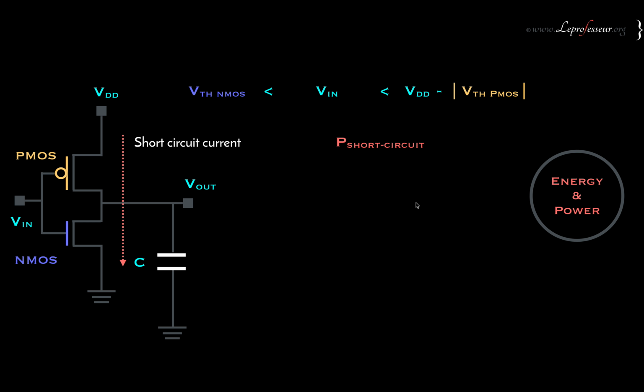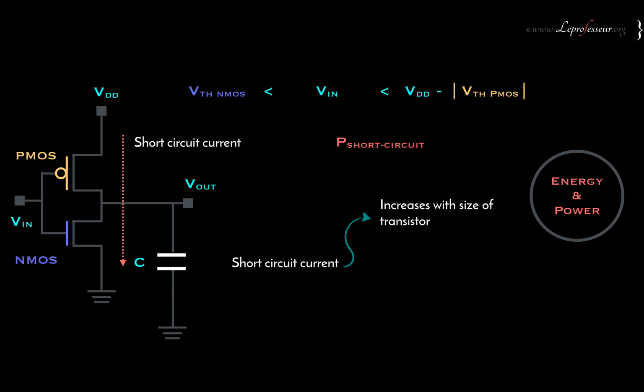Instead of putting it in dynamic, we can call it part of the dynamic, but let's call it simply short circuit current, under the condition when the input voltage is bigger than the threshold voltage of the NMOS and less than VDD minus the threshold voltage of the PMOS. Now this short circuit current has interesting characteristics. It increases with the size of a transistor.